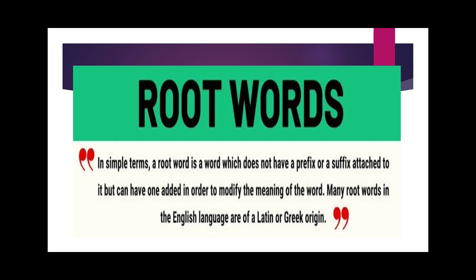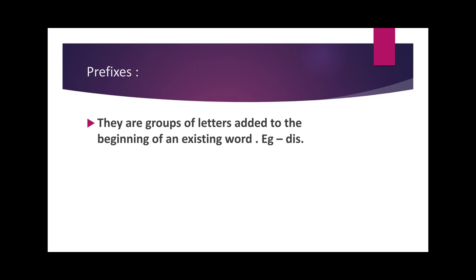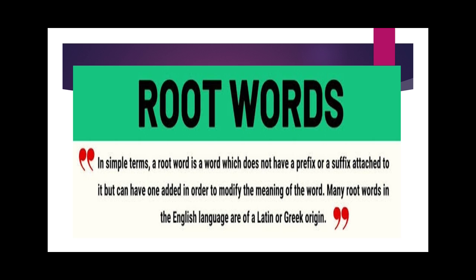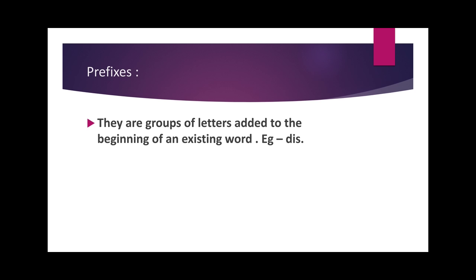In your book, page number 30, mainly suffixes and prefixes are given. The root words are not given there, but I have told you because without understanding root words you can't proceed to suffixes and prefixes.